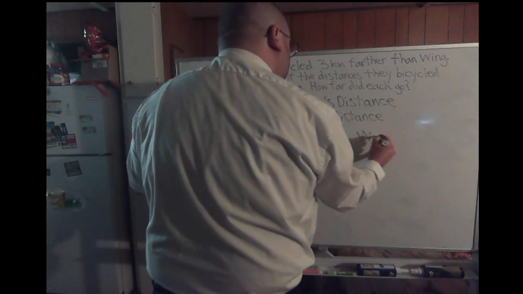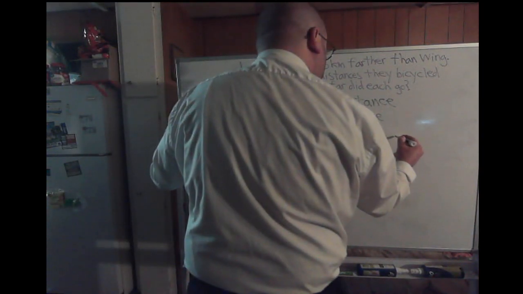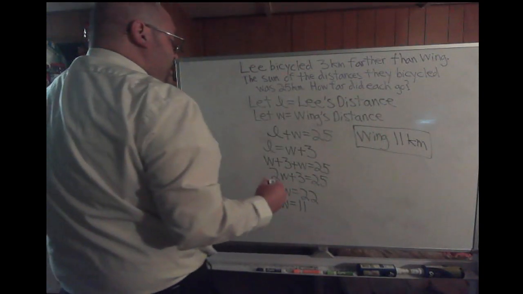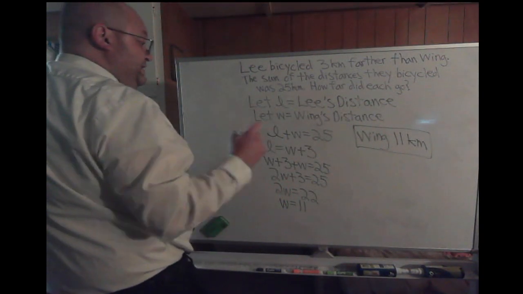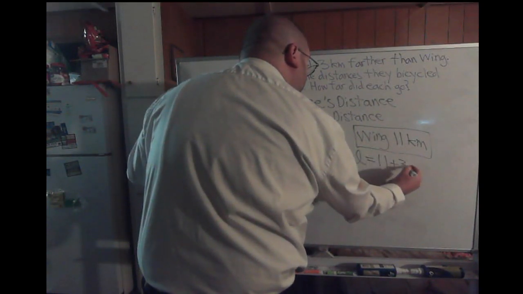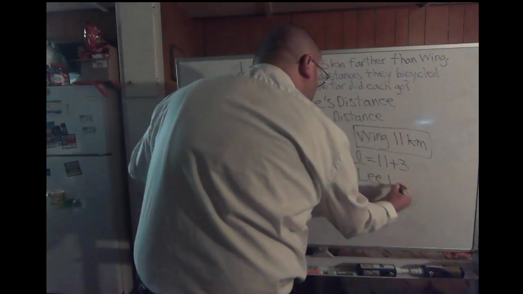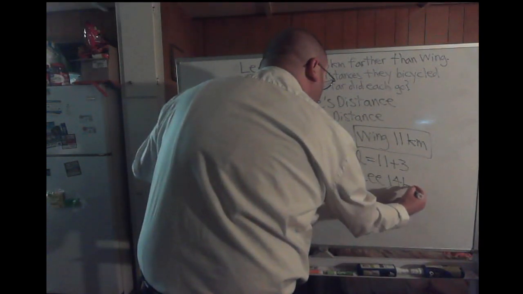So Wayne, since he's the W, went 11 kilometers. Now we need to find Lee's distance. Lee is equal to Wayne's distance of 11 plus 3. 11 plus 3 is 14. So Lee went 14 kilometers.